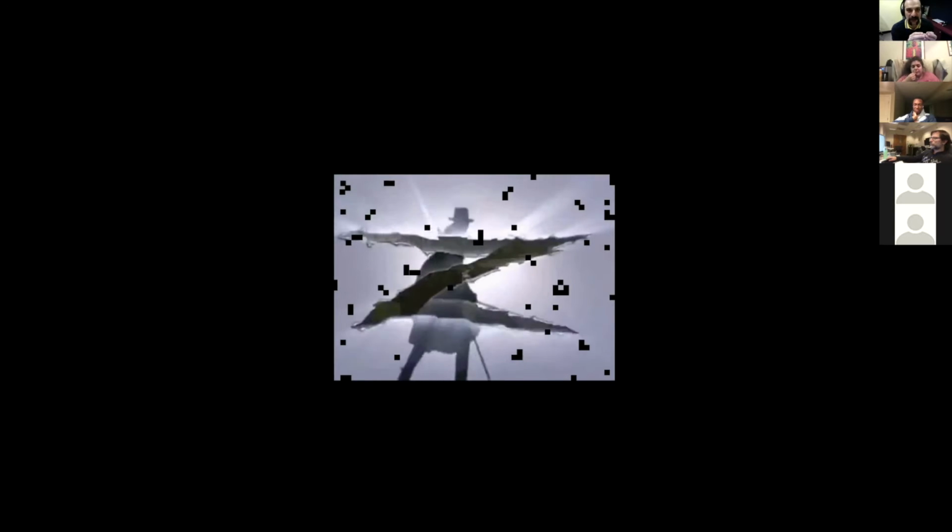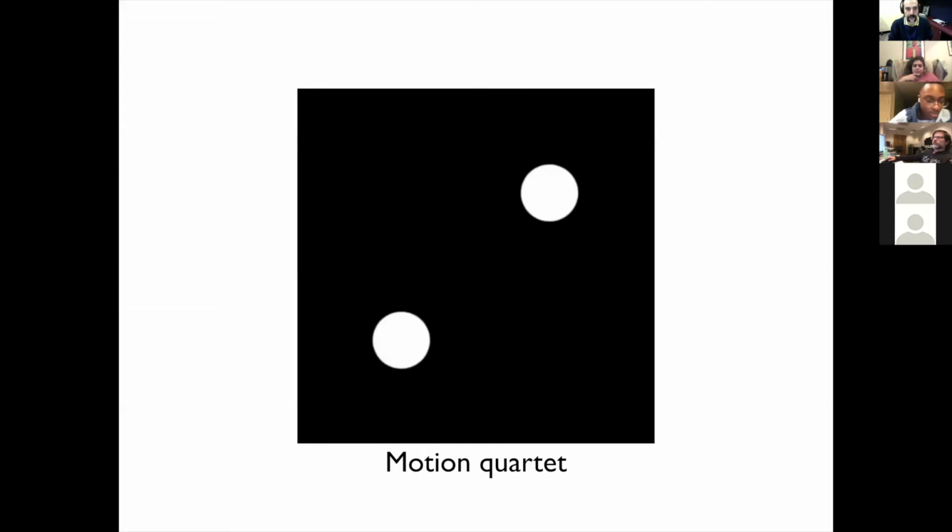So motion is something that the visual system is stuck with throughout. You have high level motion, low level motion, and in some sense, similar to the case of color, we know a lot about low level motion processing, but we don't know much about high level motion processing. That's sort of a similar case because it's harder as you go to the higher levels of processing.